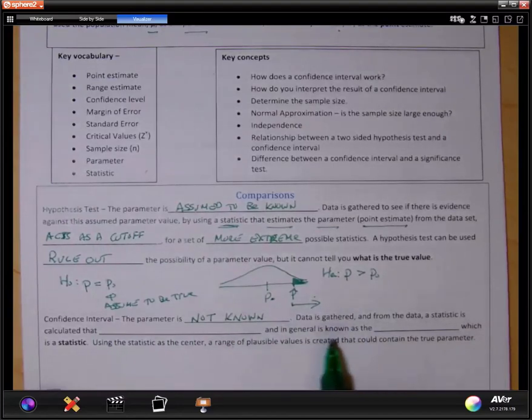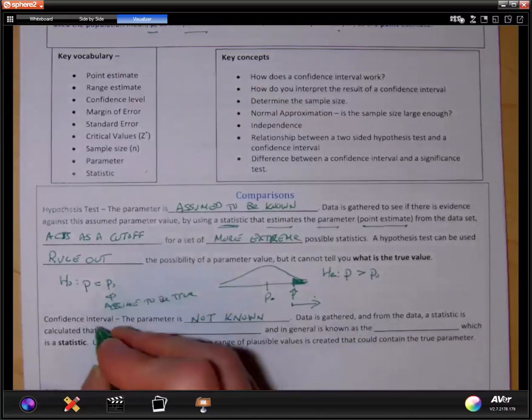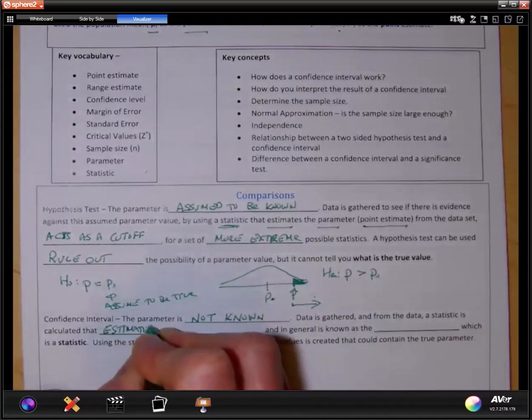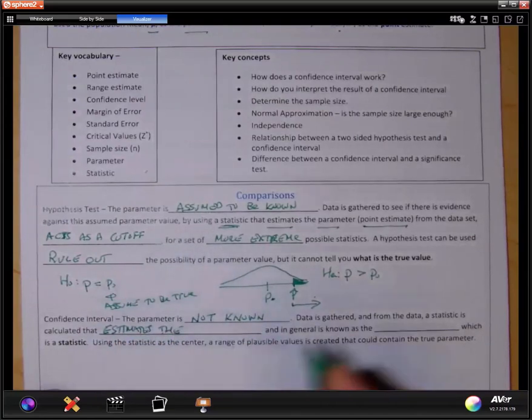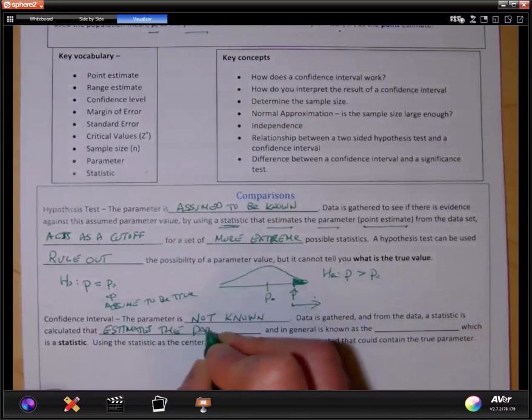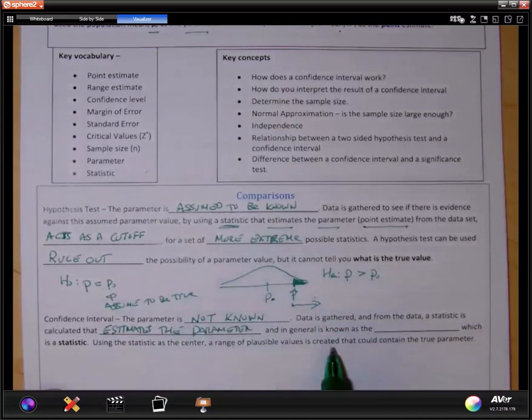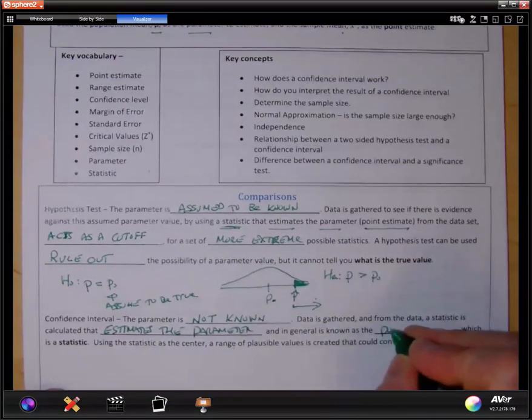That's the whole point of it. Data is gathered, and from the data set, a statistic is calculated that estimates the parameter. And in general, to re-emphasize, this is known as the point estimate.